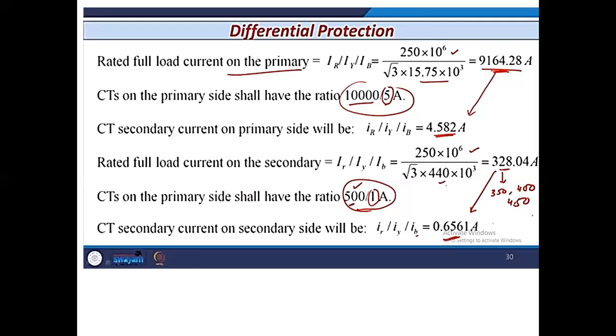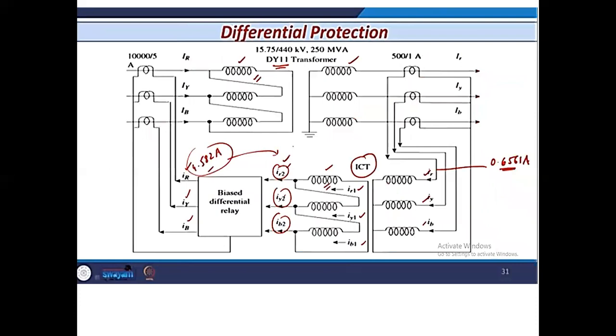So now consider this schematic diagram for the differential protection. This is the delta star transformer with DY11 feature. So this is the delta connected winding, and this is the star connected.